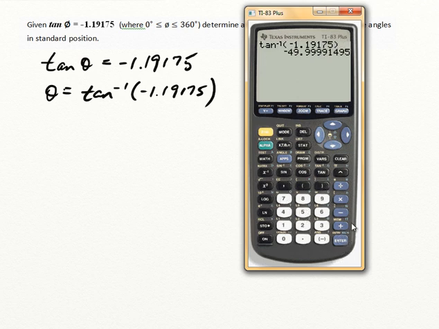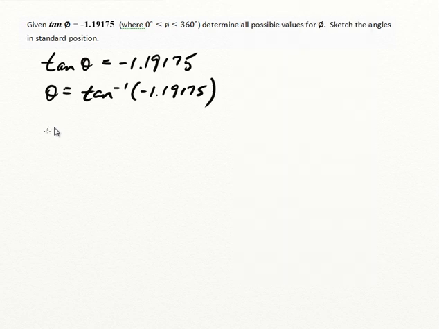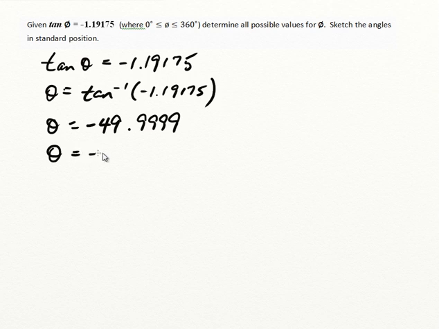That gives us an angle of negative 49.9999. So we're going to assume that this is theta equals negative 49.999 degrees, which we will round to negative 50 degrees. Okay, well, that is an answer.